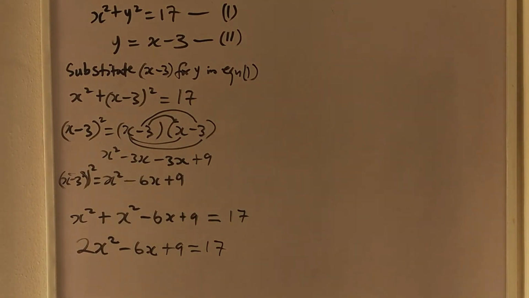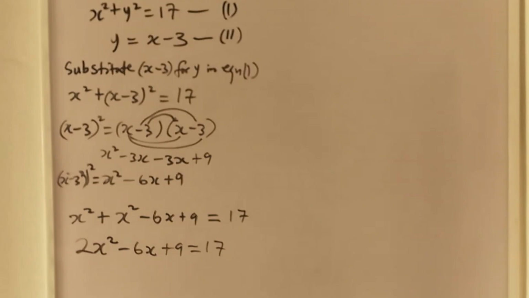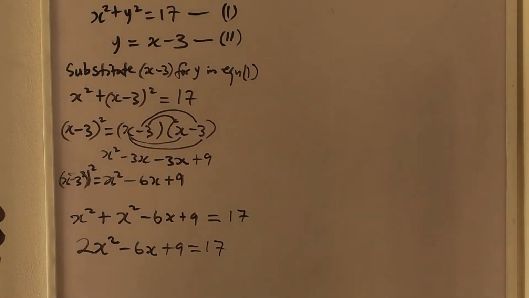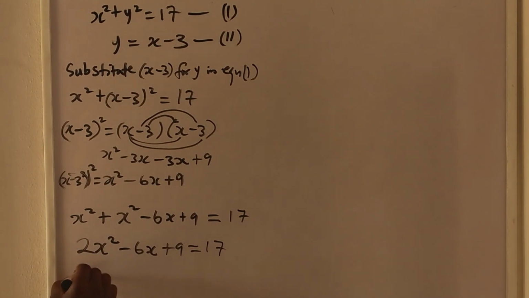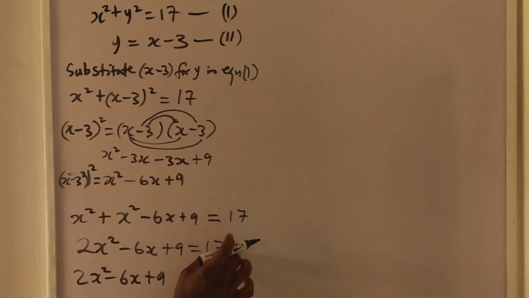Now remember, we are trying to solve this quadratic equation using the completing the square method. So I'm going to make it be in the quadratic equation form first of all, and that is 2x squared minus 6x plus 9. When you take 17 from this side of equal to this side, it becomes minus 17 is equal to 0.